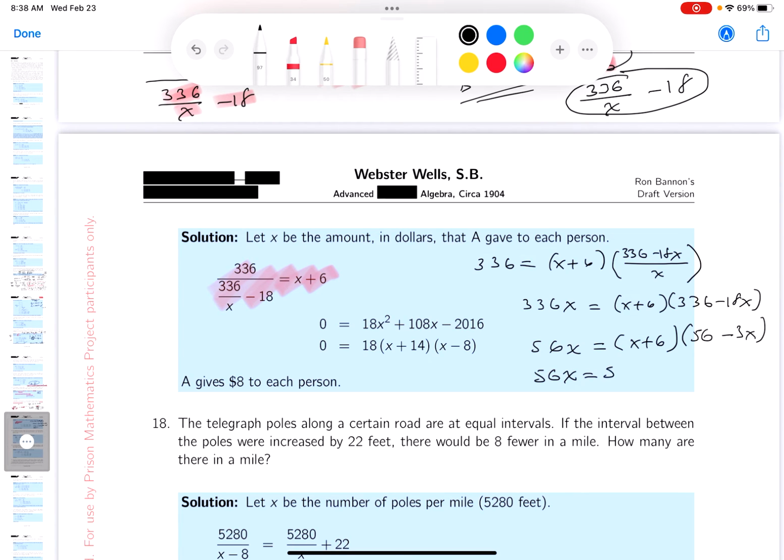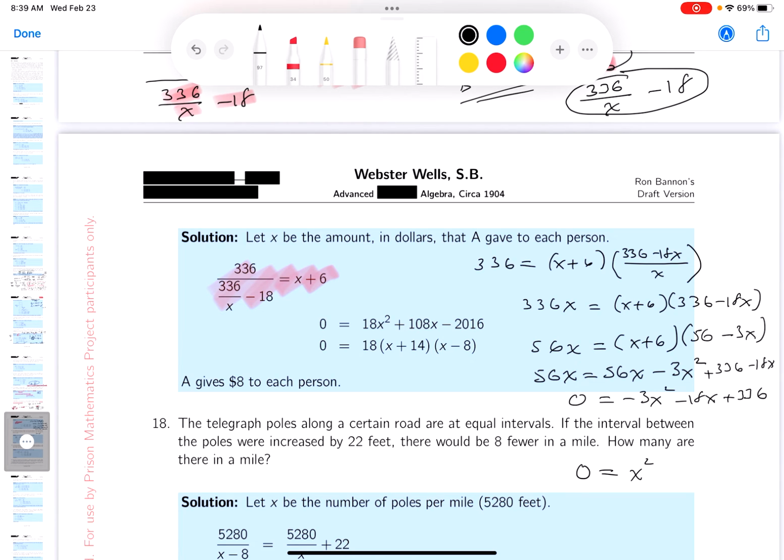You'd get 56x minus 3x squared plus 336, and then minus 18x. Okay, 0 equals minus 3x squared minus 18x plus 336. I'm going to divide both sides by minus 3.